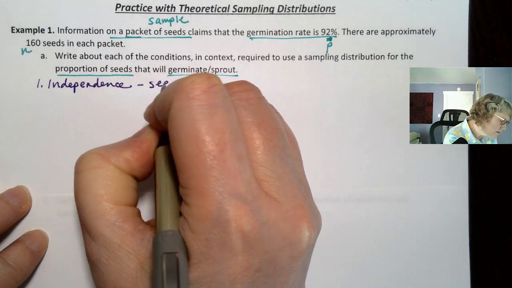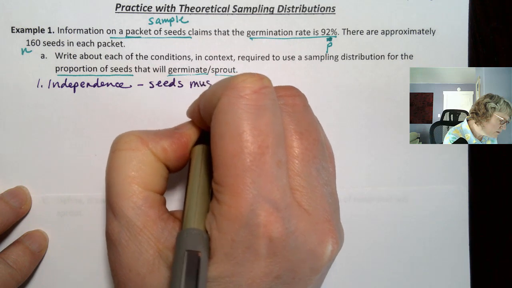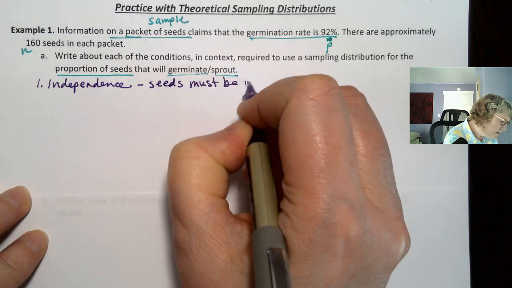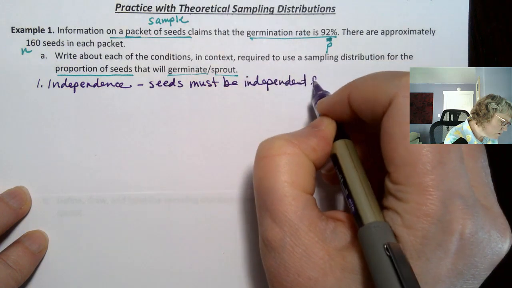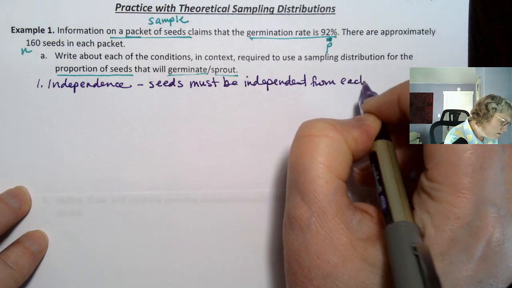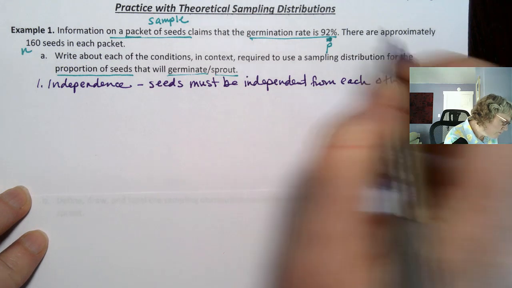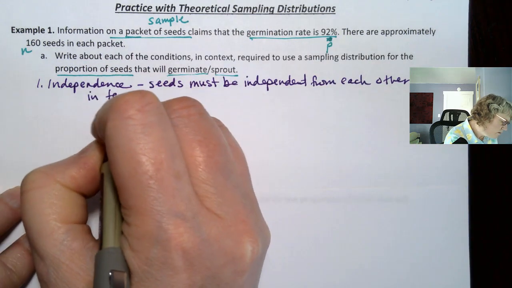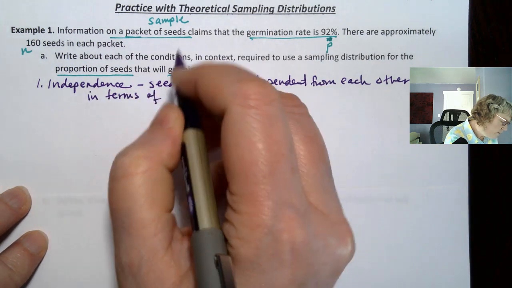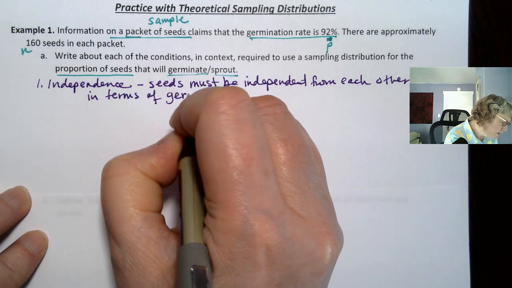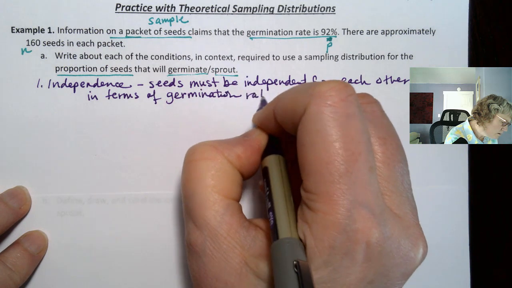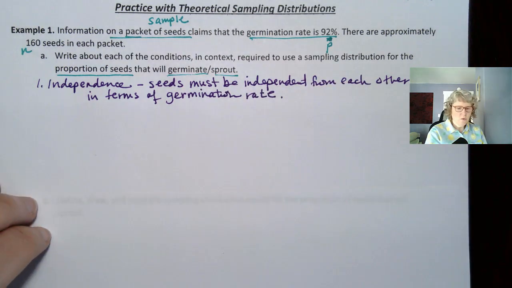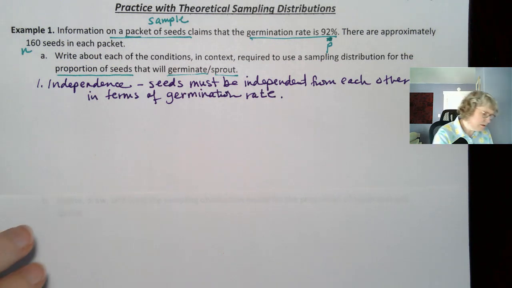The seeds must be independent from each other in terms of our variable, which in this case is the germination rate. So what might we need for that? We would need seeds from different plants.